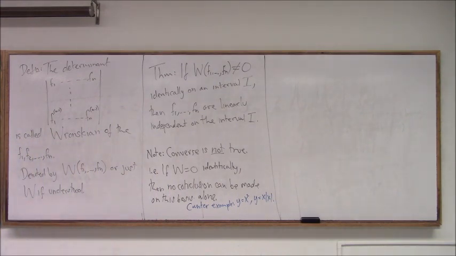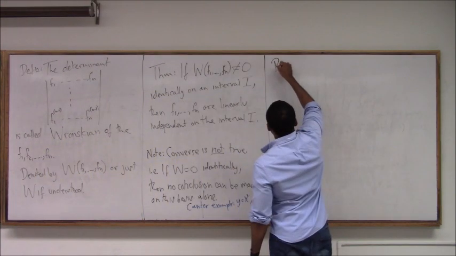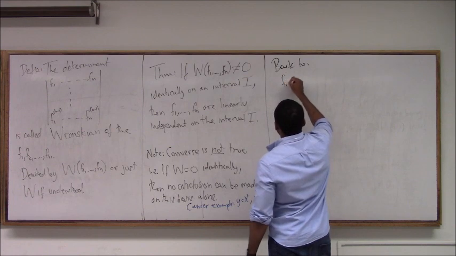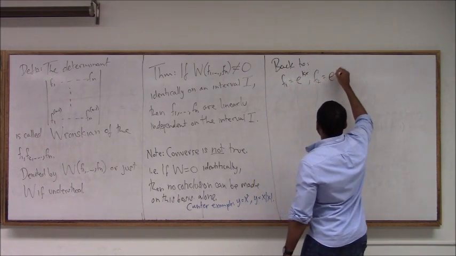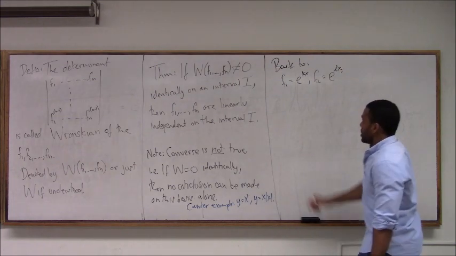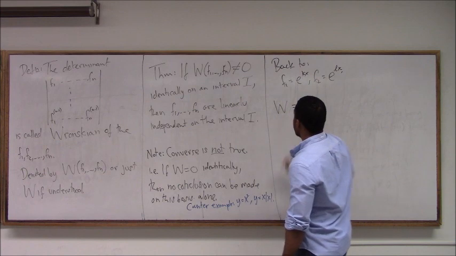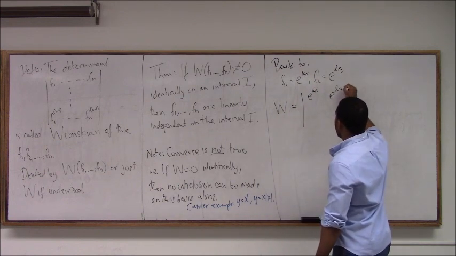So let's see here. Oh, let's go back to that example then. f1 equals e to the kx, f2 equals e to the lx. And so here I can find the Wronskian of these guys. That's e to the kx, e to the lx.